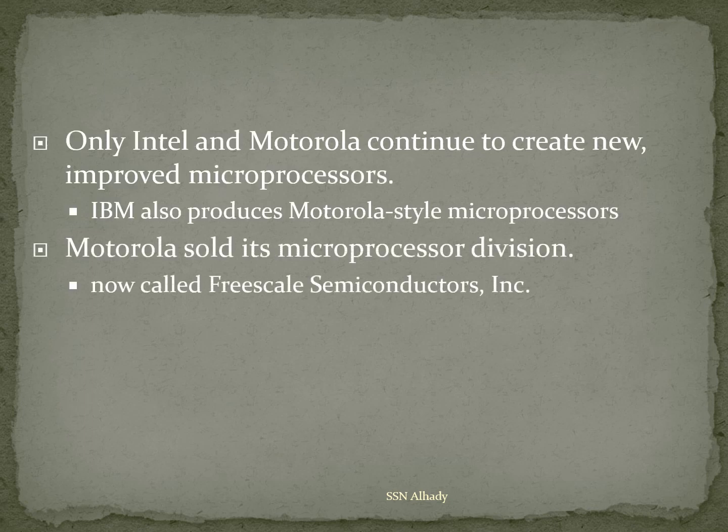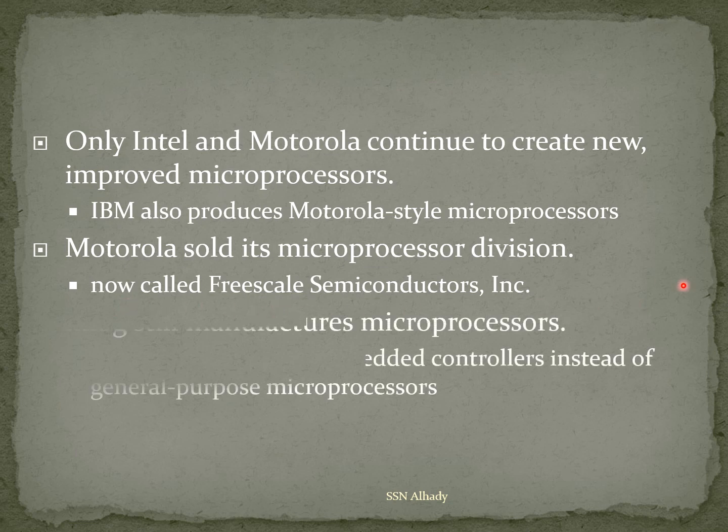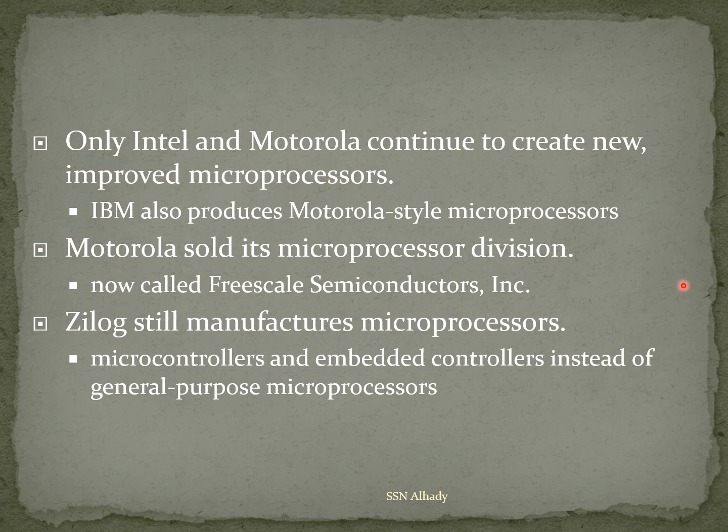Only Intel and Motorola continued to create new improved microprocessors. IBM also produced a Motorola style of microprocessor. Motorola sold its microprocessor division to what is now called Freescale Semiconductor. Zilog, as I mentioned just now, is also a well-known microprocessor manufacturer, and it focused on microcontrollers and embedded controllers instead of general purpose processors.